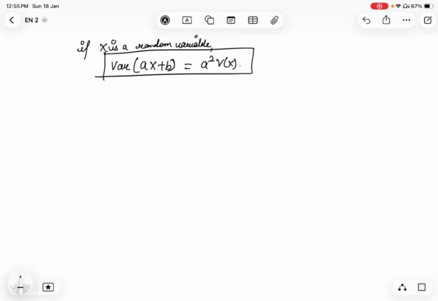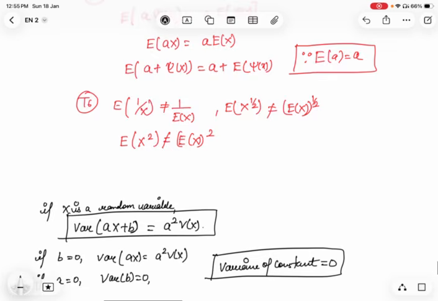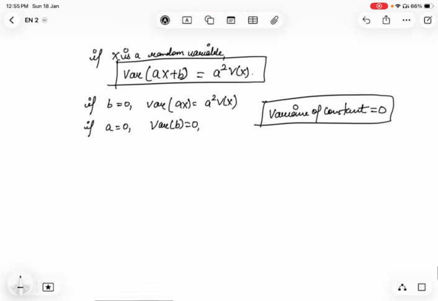Now if b is equal to 0, then the variance of ax is equal to a squared times the variance of x. If a is equal to 0, then the variance of b is equal to 0. And remember this important point: the variance of a constant is 0, always remember, but the expectation of a constant is the constant itself. Okay.